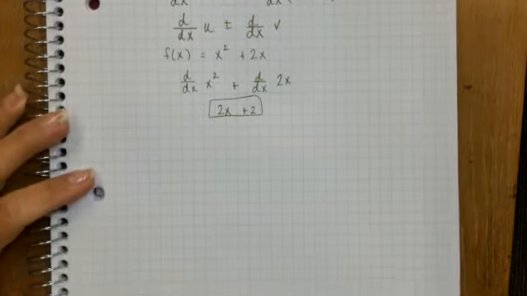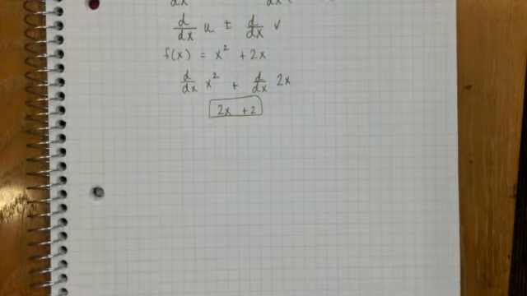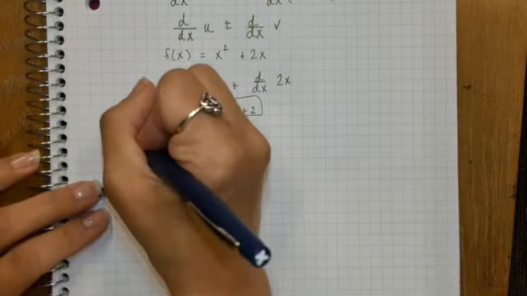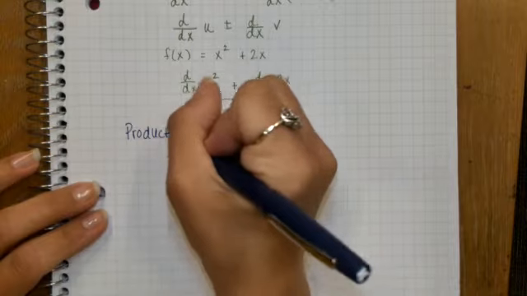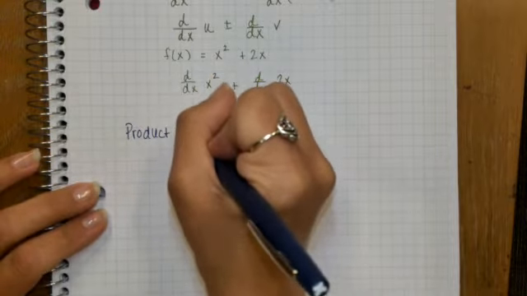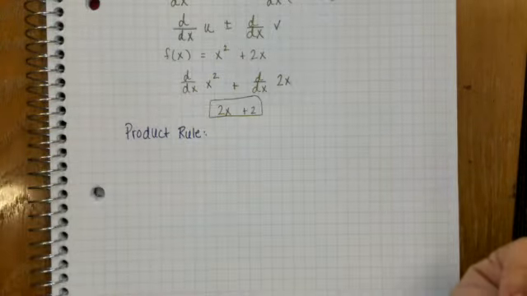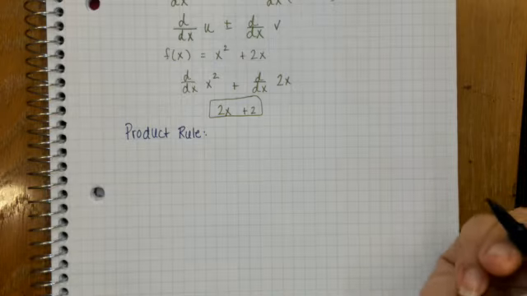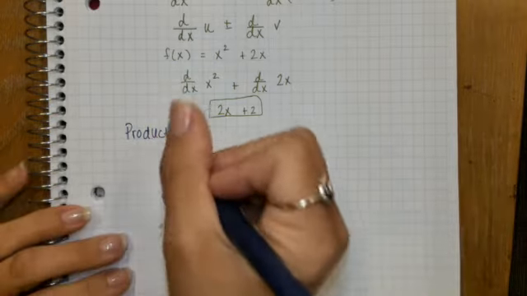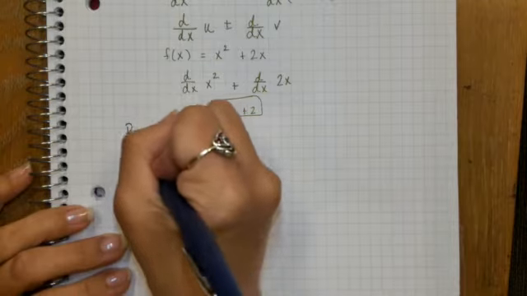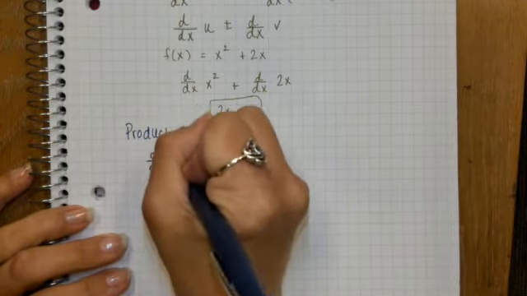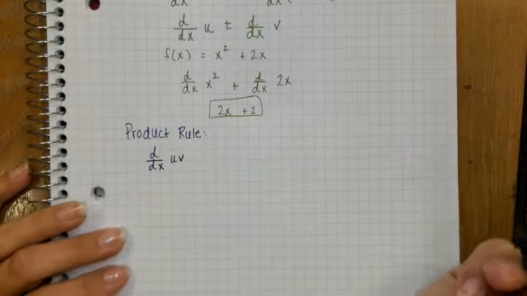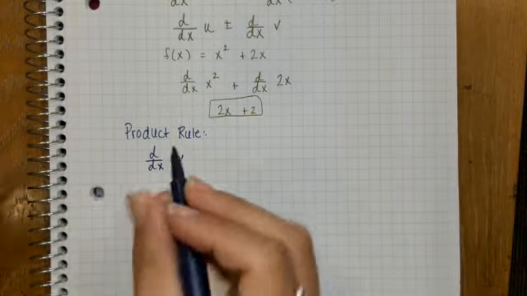We're going to look at the product rule, multiplication, and the quotient rule. And of course, do some examples of each. So the product rule says that you have some function uv, and you want to derive it. uv, that's a product.